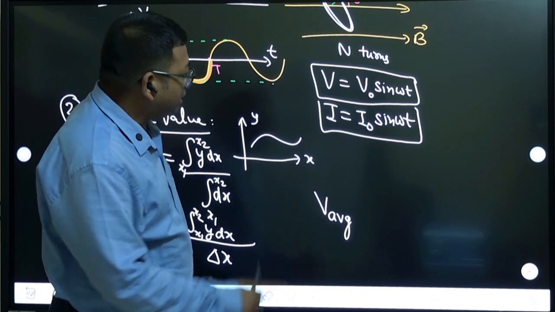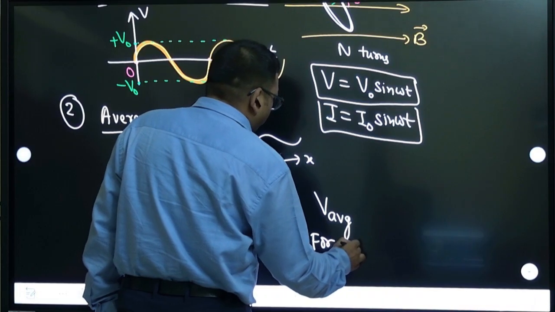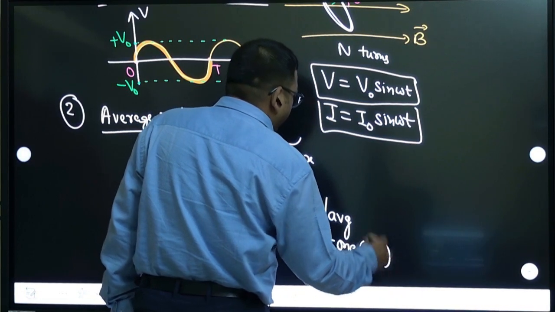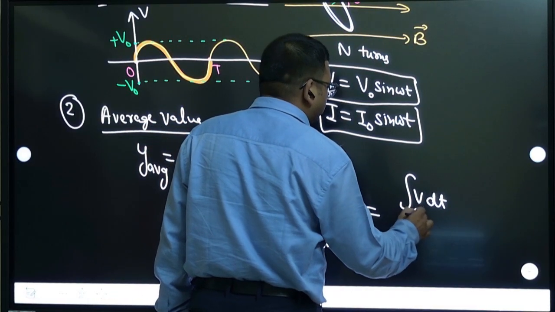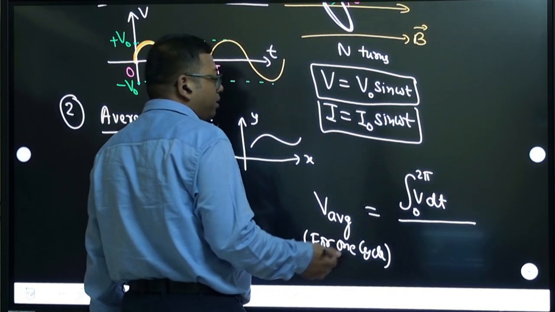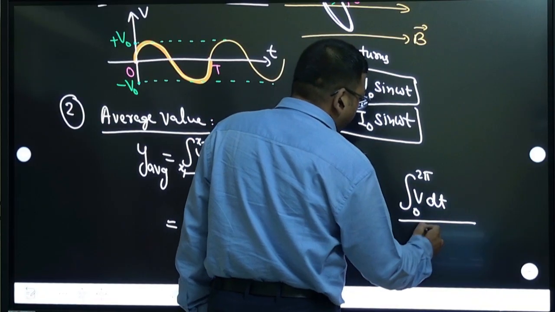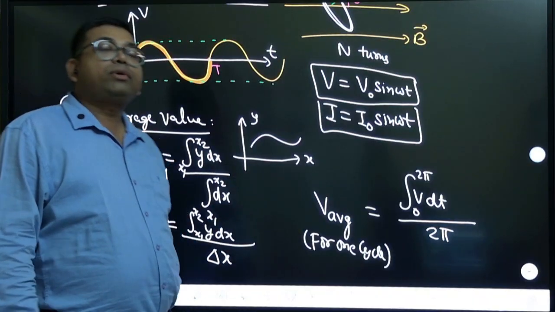So let us calculate the average over one cycle. When you calculate the average over one cycle, you have to do the integral of V dt from 0 to 2 pi, because its cycle is 2 pi, right? And 0 to 2 pi means this time interval is 2 pi. This is how we calculate the average.